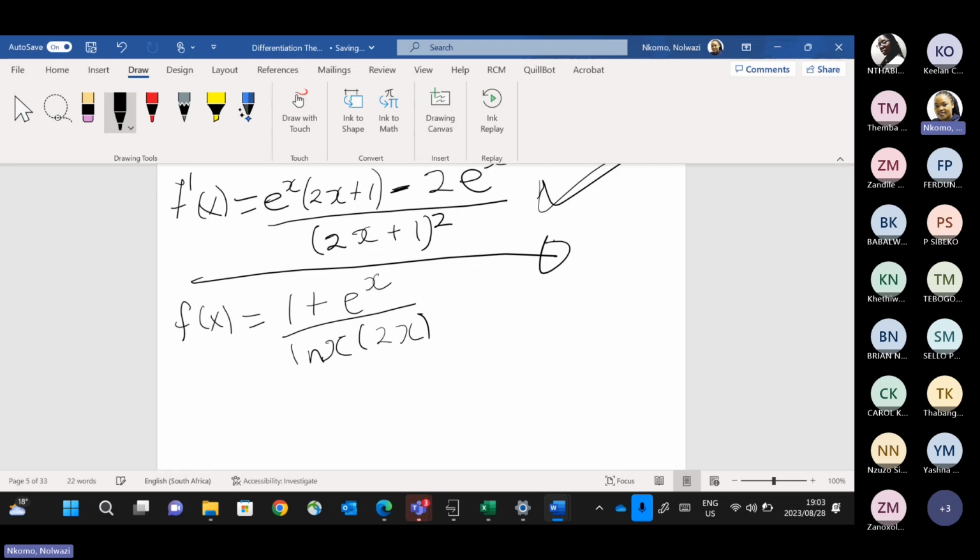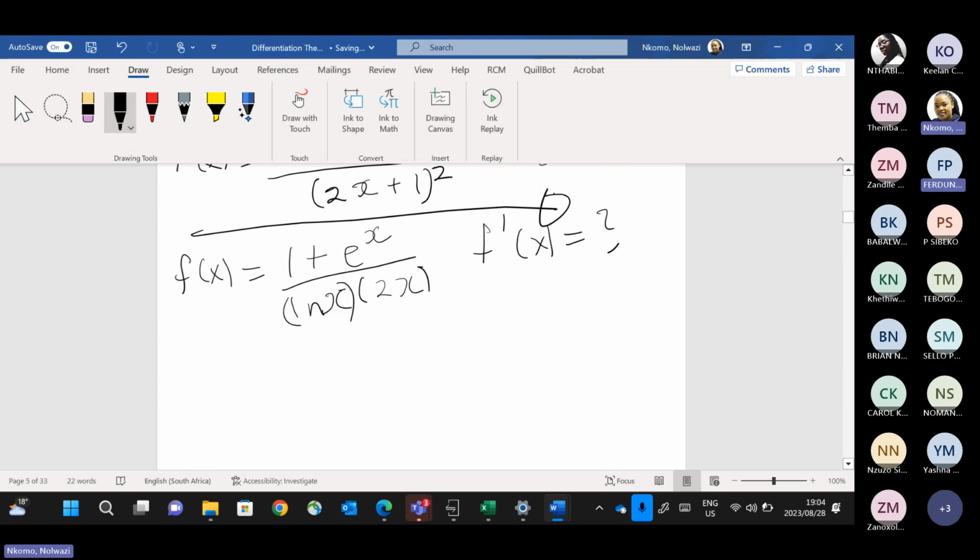Yeah, I would leave it like this, times 2x. Right. We have f at x is equal to 1 plus e to the power x over ln x times 2x, and we are asked to find f prime at x, right?